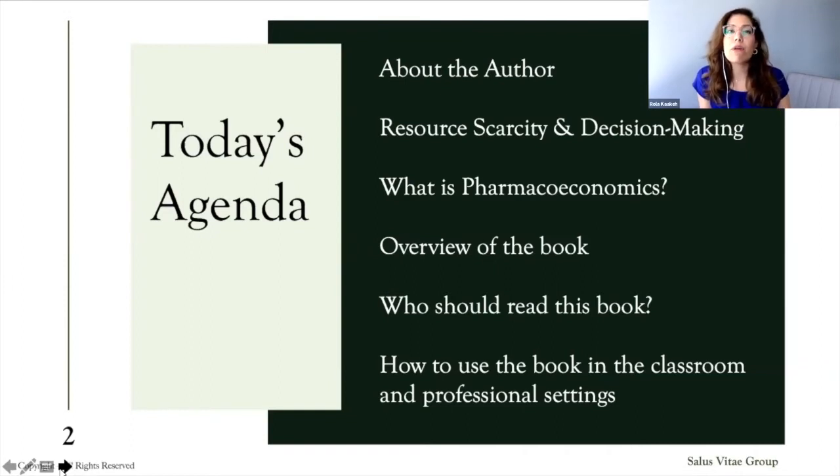Then I'll give a very brief overview of what pharmacoeconomics is for those new to this topic. There's a very diverse audience today, but the principles and fundamentals of pharmacoeconomics are pertinent across different sectors, mostly because of the resource scarcity and decision-making need for this type of analysis.